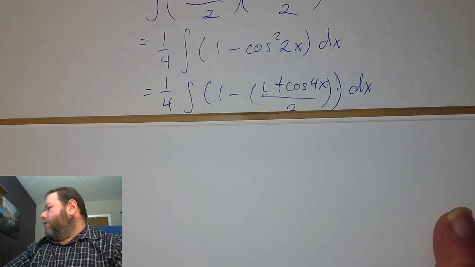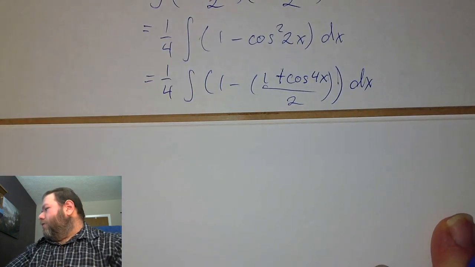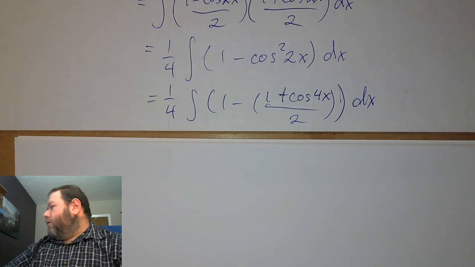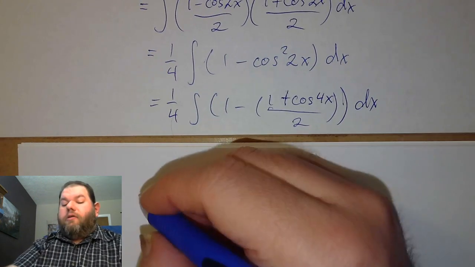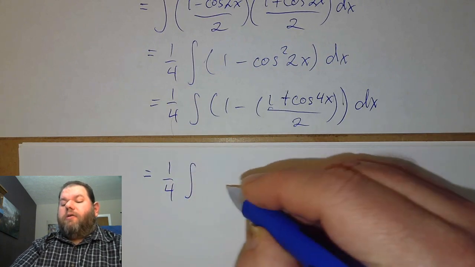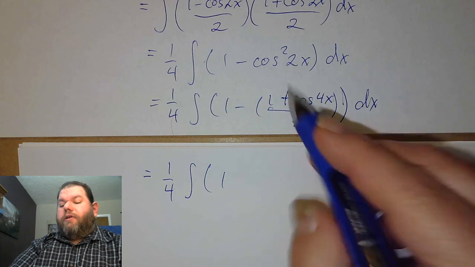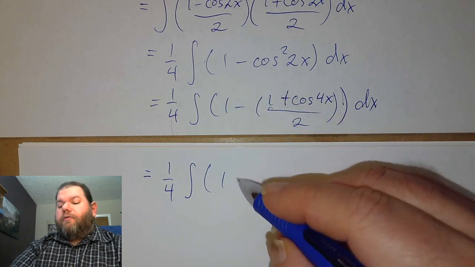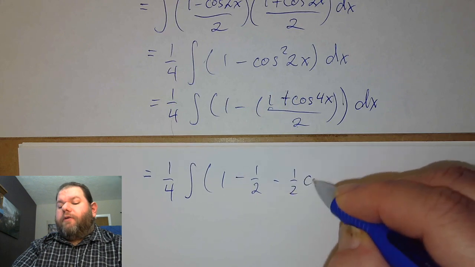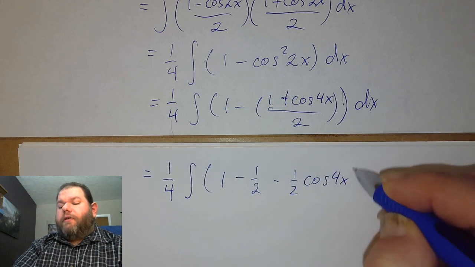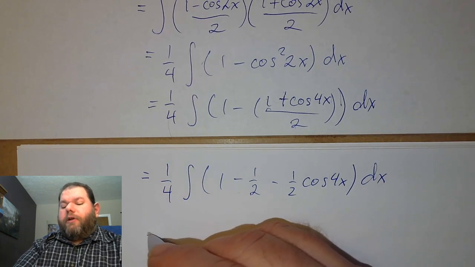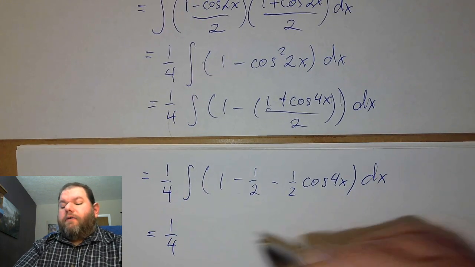We have 1, and this will be minus 1 over 2, and minus 1/2 cosine 4x dx. So we'll go ahead and combine 1 minus 1/2 into a 1/2.